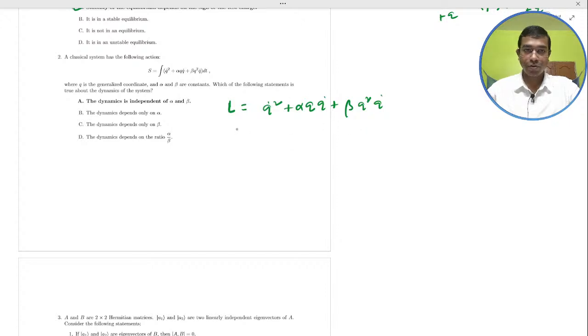This is the Lagrangian. So first, del L del q dot is equal to twice q dot plus alpha q plus beta q square.